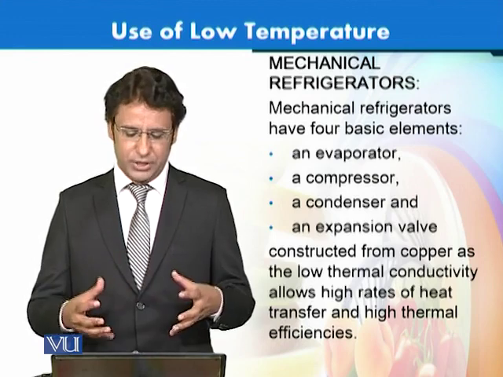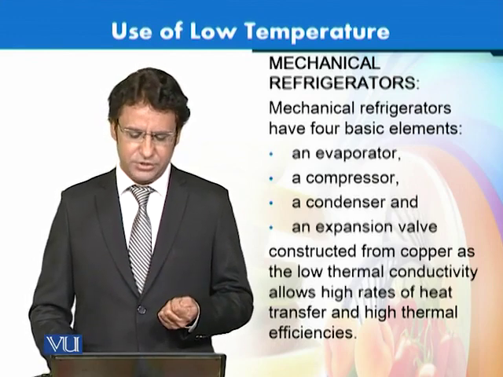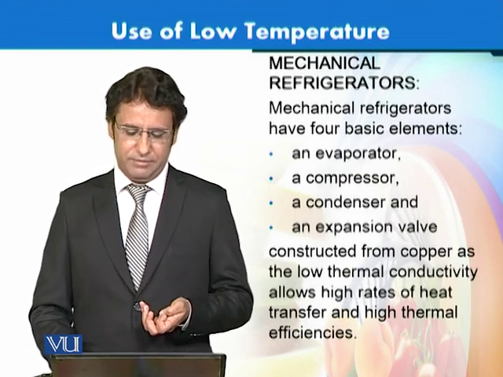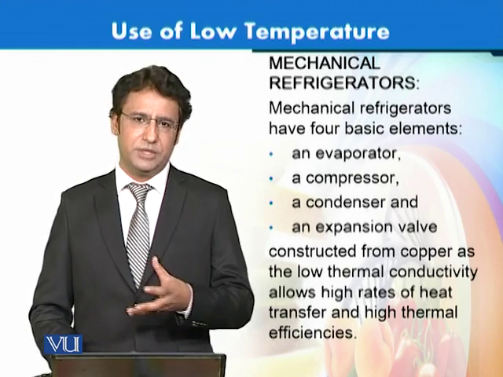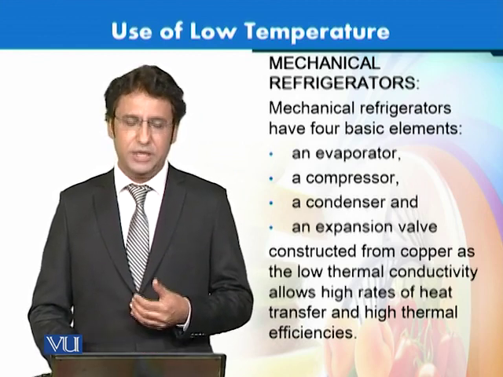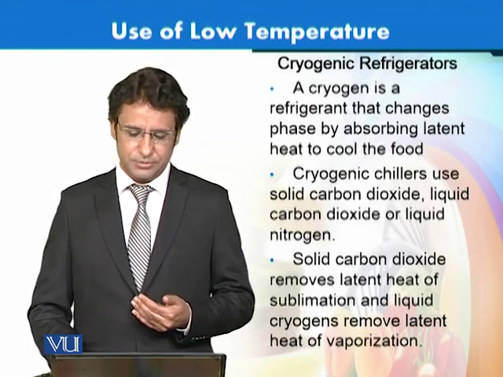These four elements must be considered for all refrigeration systems. We normally use copper material for these operations, because copper has very good heat transfer rates, so food can be quickly brought down to a lower temperature.